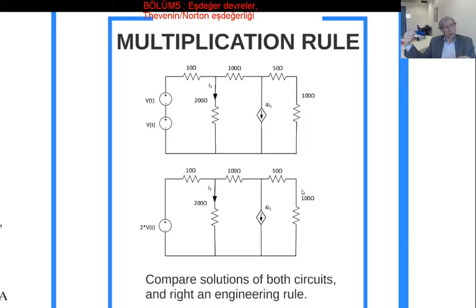The answer is easy. All the currents and voltages are multiplied by 10. So that is the multiplication. You don't have to analyze the whole circuit once more. All you've got to do is say whatever number you multiplied the source by, all the currents and voltages are going to be multiplied by the same coefficient.